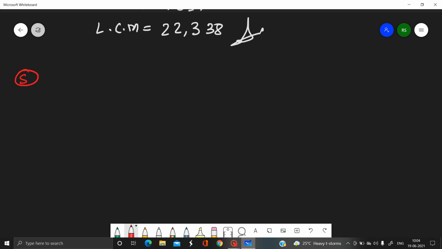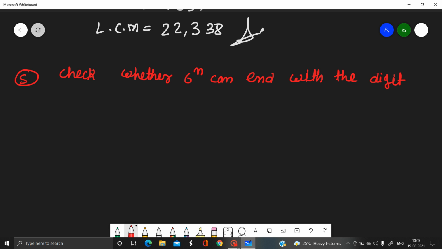Question number 5 is saying: check whether 6 to the power n can end with the digit 0 for any natural number n.